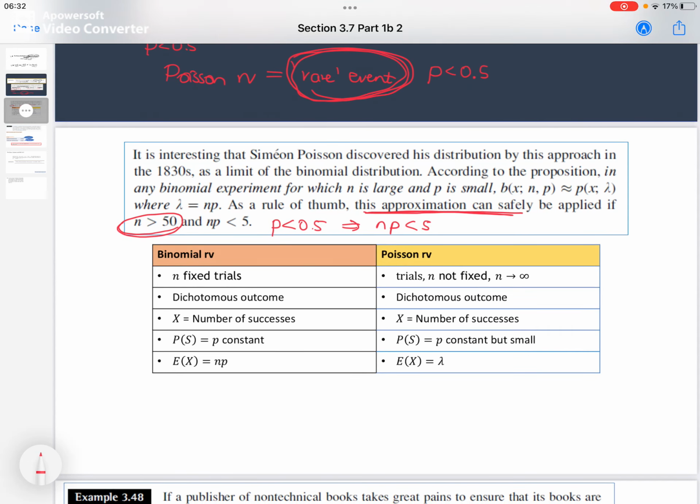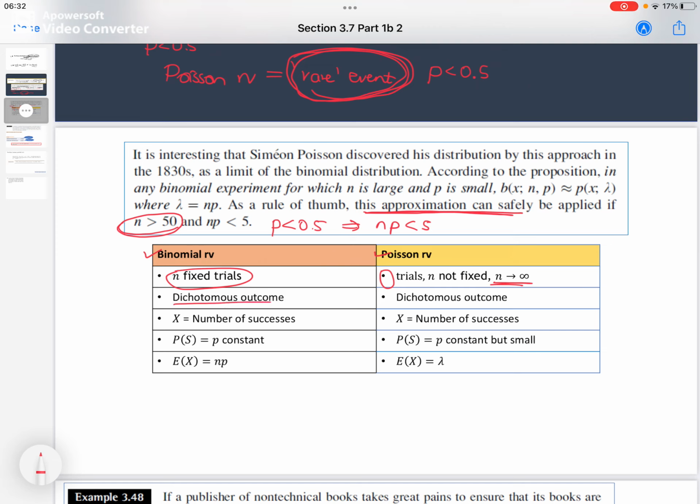All right, so let us compare the two types of random variable, the binomial and Poisson. Firstly, with the binomial, we know that we have n fixed trials, meaning before we even do the experiment, we know that we have to repeat the experiment n number of times. While with the Poisson, the number of trials is not really fixed, but it could be some large value, or n could tend to infinity.